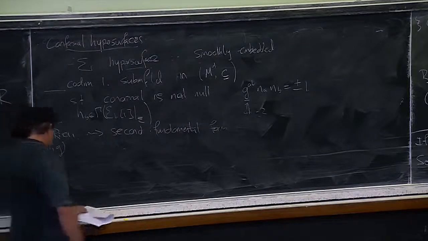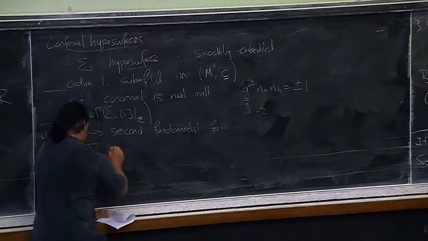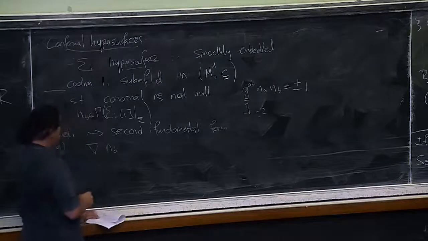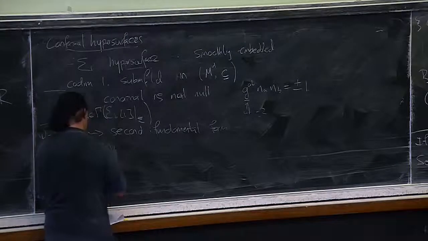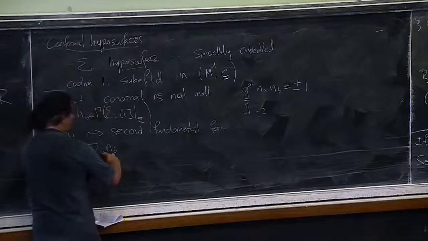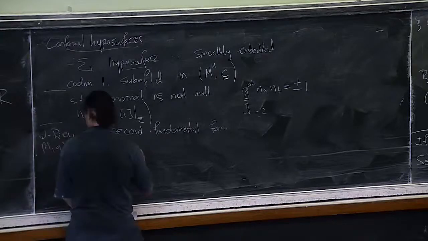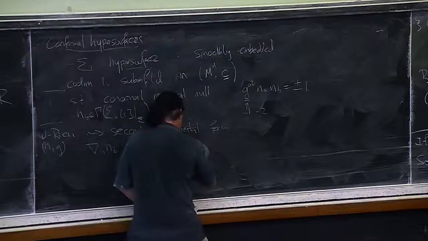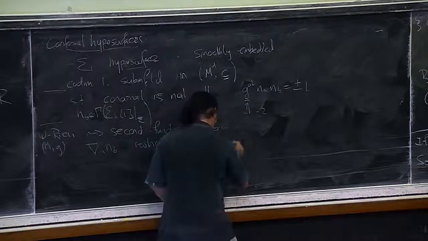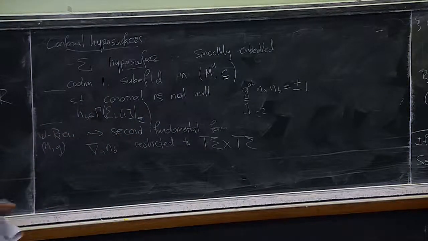The way you get that is you look at the derivative of the conormal along the hypersurface, and this gives you something symmetric. It's not hard to see this has to be symmetric. So this is a symmetric 2-tensor, and you restrict it to the tangent space to the hypersurface. So that's really what the second fundamental form is.